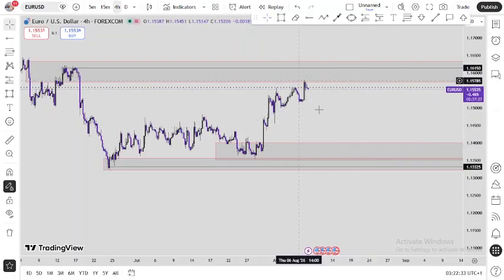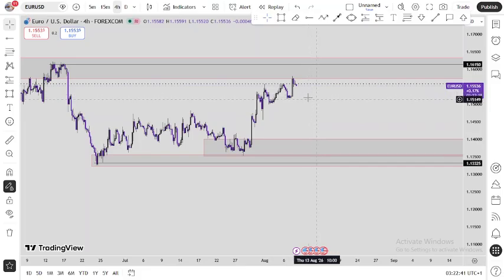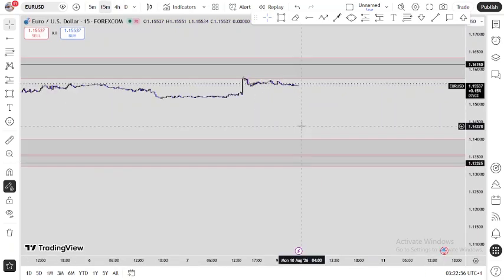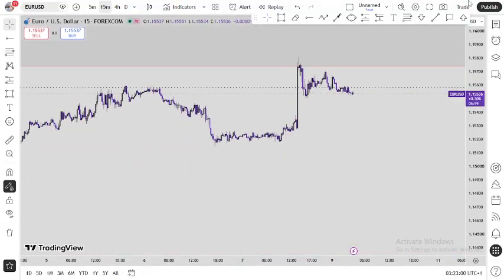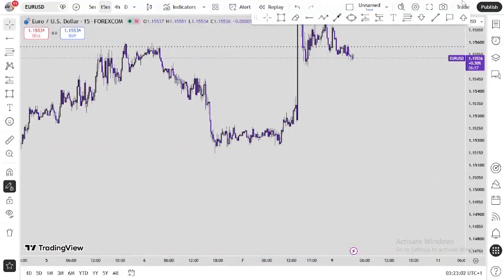But if we're seeking bullishness going into next week, we can wait for price to come back to around these areas here before looking for buys back to this supply area again. So let's drop down to the 15 minutes, it will look something like this.